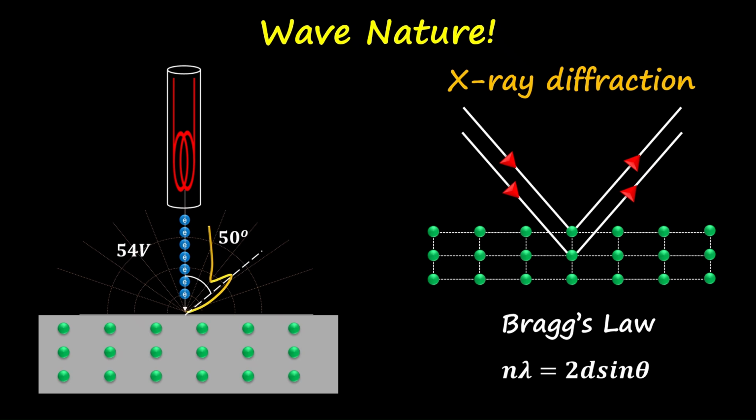And this is nothing but electrons behaving like a wave. So the Davisson Germer experiment is a qualitative proof that electrons can behave like a wave.